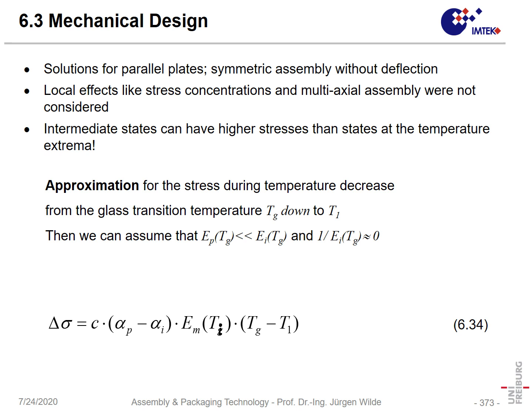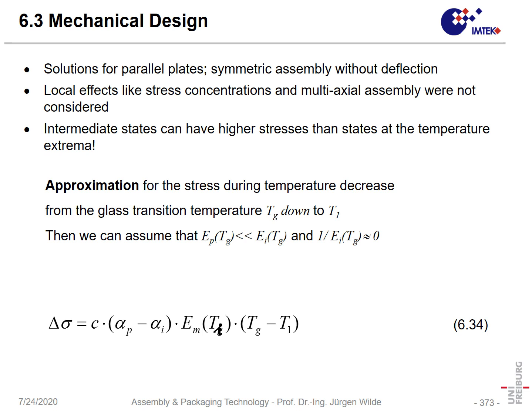In that way, we can estimate the stress or the stress increase, which is again delta alpha times the Young's modulus at the lower temperature T1 times the difference from the glass transition temperature to that final temperature.